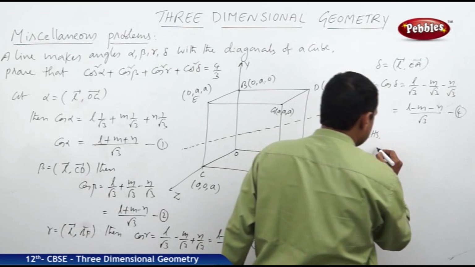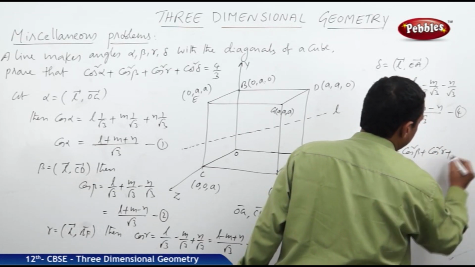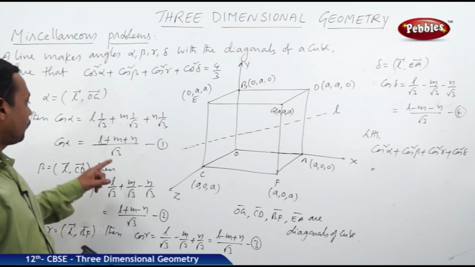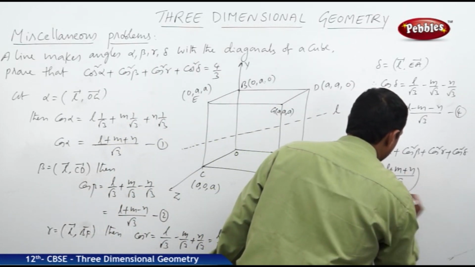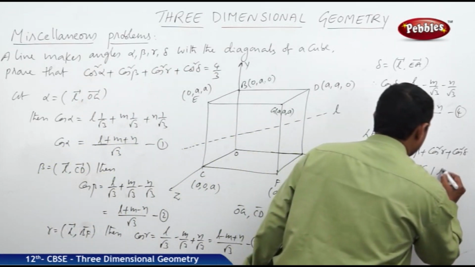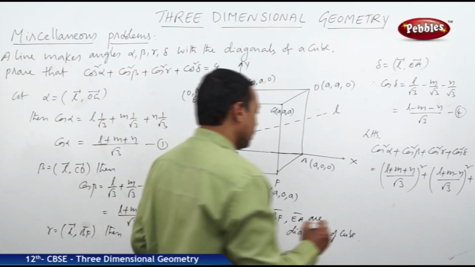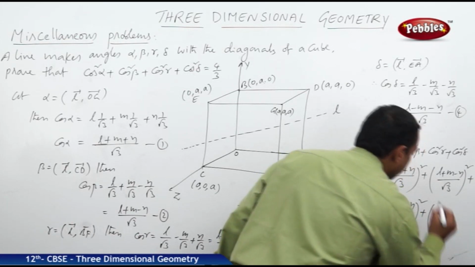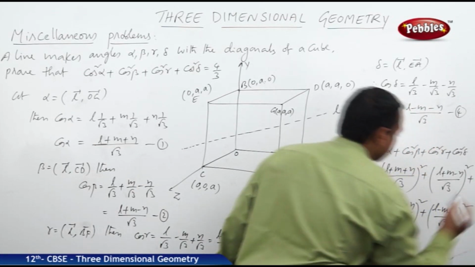The LHS, the left side part, is cos square alpha plus cos square beta plus cos square gamma plus cos square delta, is equal to cos alpha, that is l plus m plus n by root 3 whole square, plus cos square beta, that is l plus m minus n by root 3 whole square, plus cos square gamma, that is l minus m plus n by root 3 whole square, plus cos square delta, that is l minus m minus n by root 3 whole square. Now simplify that.